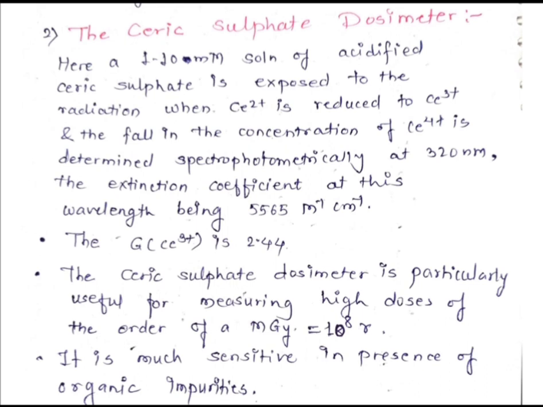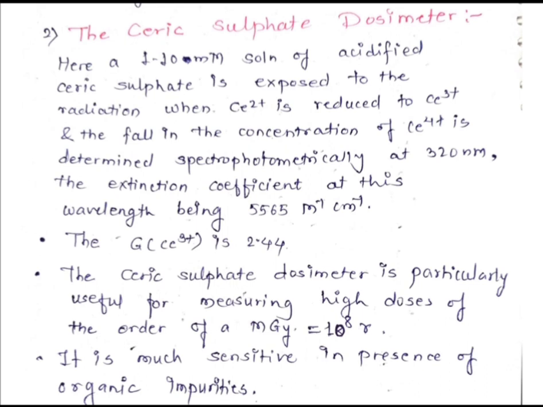Then the G value for cerium 3+ is 2.44, and the ceric sulphate dosimeter is particularly useful for measuring higher doses of the order of megagray, which is equal to 10⁸ rads. It is much more sensitive in the presence of organic impurities.